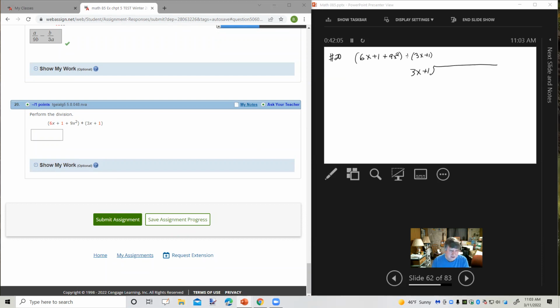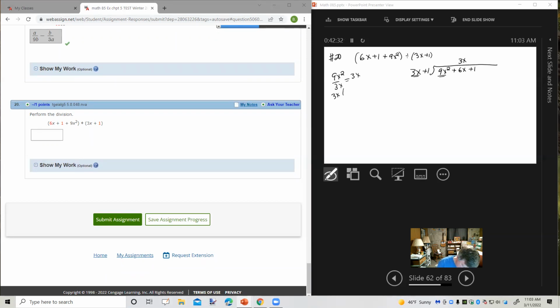The dividend is not in descending powers, so we'll rearrange it so that it is. There aren't any missing powers from the dividend, so I don't need to put any zeros to create columns. So I'm going to take the leading term inside divided by the leading term outside. 9x squared divided by 3x, which is 3x, which goes there.